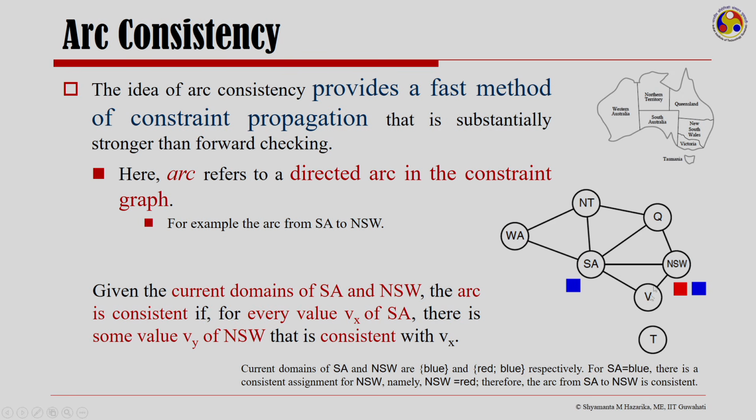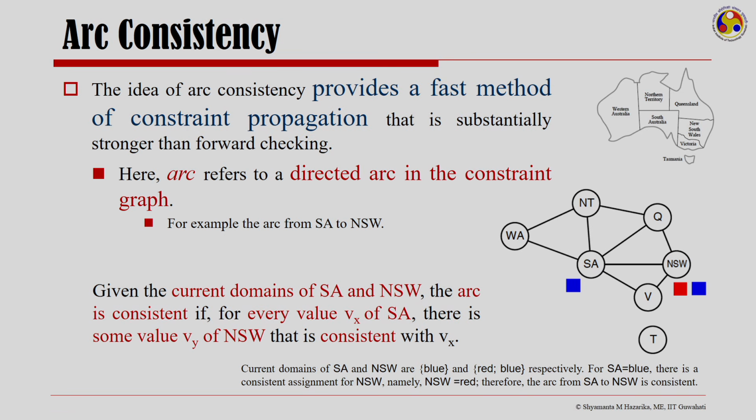Whereas, if I am looking for arc consistency from NSW to SA, if I pick red, I could have a legal value blue here, but if I pick blue, I do not have a legal value in SA. Therefore, the arc from SA to NSW is consistent, whereas NSW to SA is not.